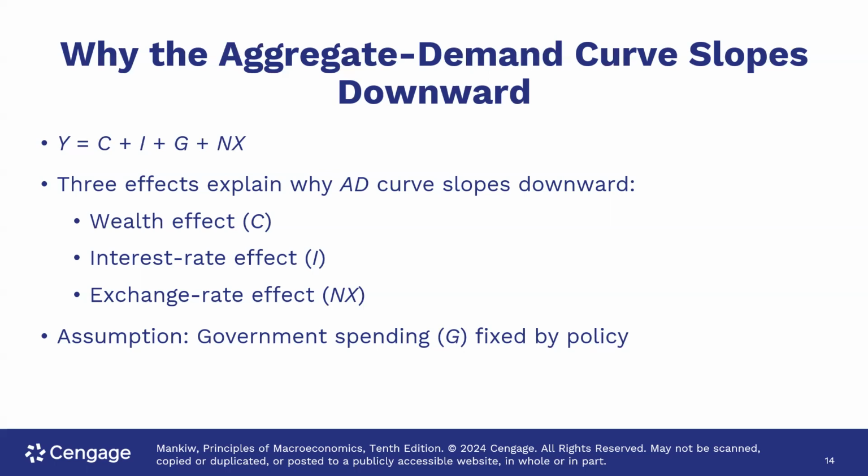For the government spending, we just assume it is fixed by policy. The government will determine how much they will spend, and this is a decision that is irrelevant to the price level. So we just make that assumption, and then we will talk about what actually happens when the price changes.